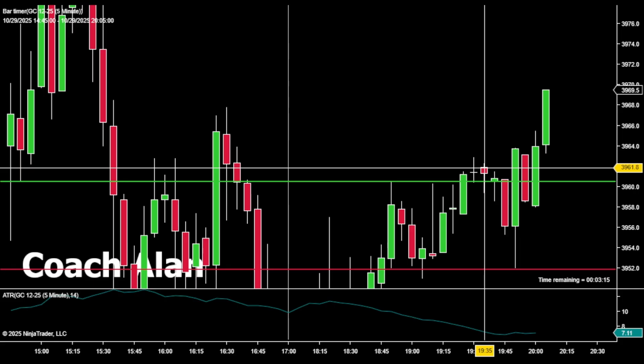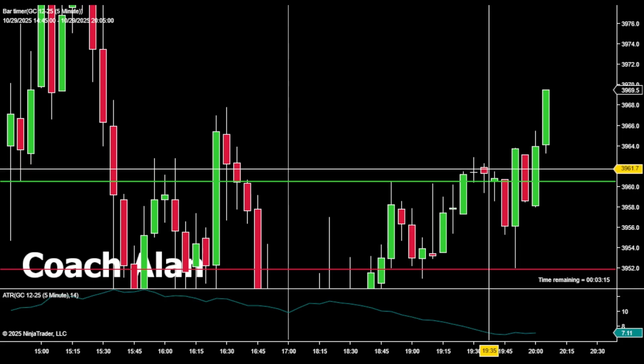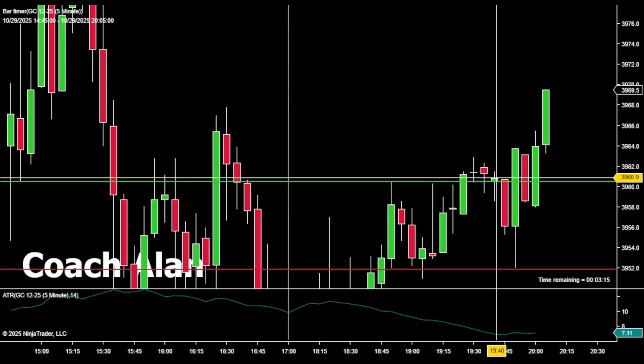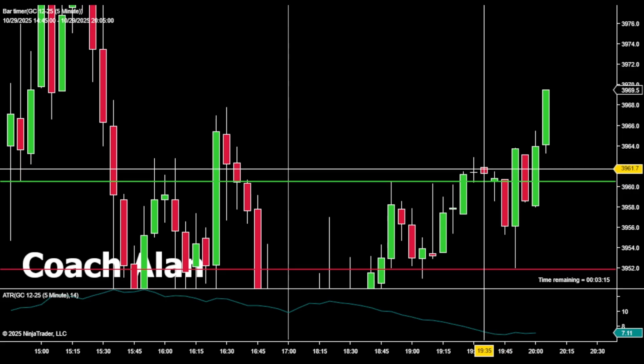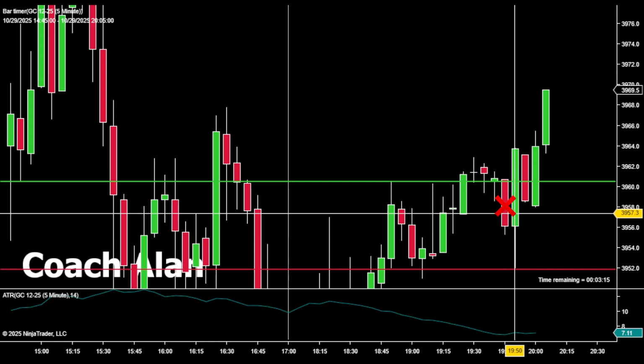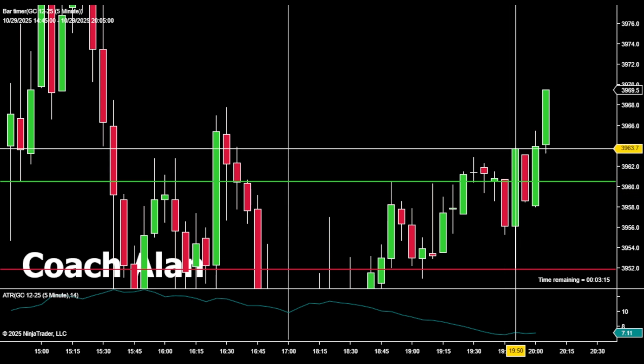Next candlestick, small bearish body closed above the high, but that's a small body. Next one, another small body. So I didn't even count these. This one closed in the range, that's invalid. We got a big bullish candlestick that closed above, and that's where we restarted our count.